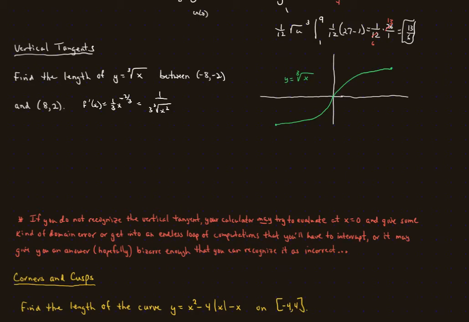So our way around this is to rewrite this and make it x as a function of y. So we can say x is going to be, if we cube both sides, y cubed. So we're just going to look at that curve from a different perspective.